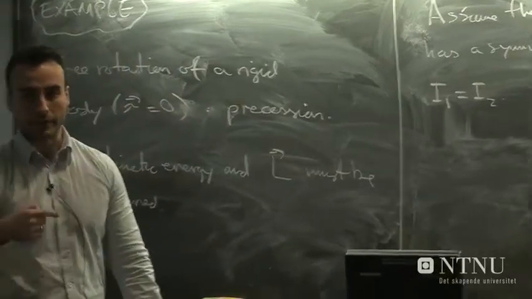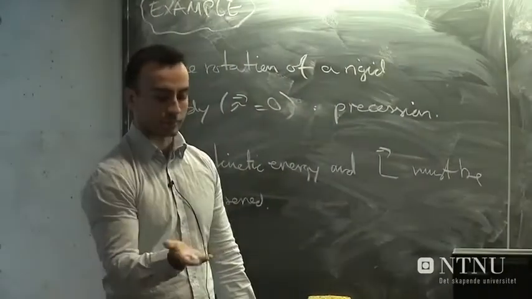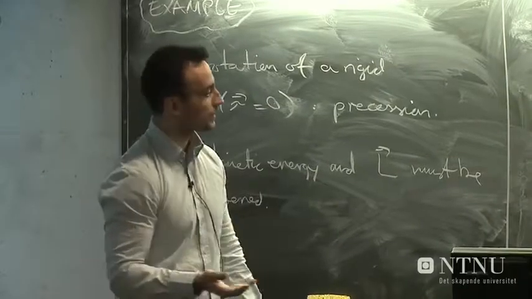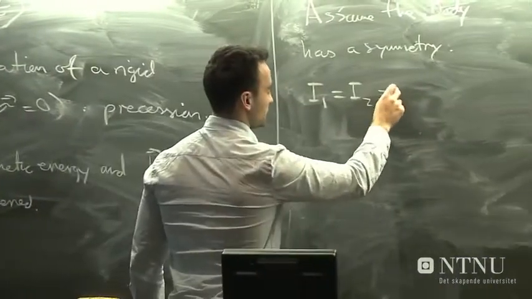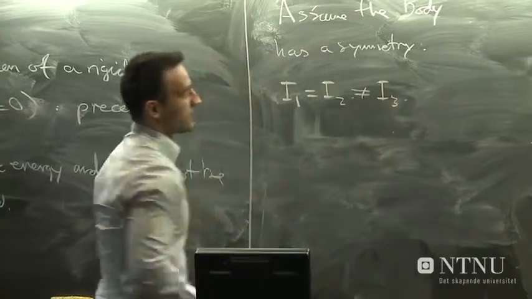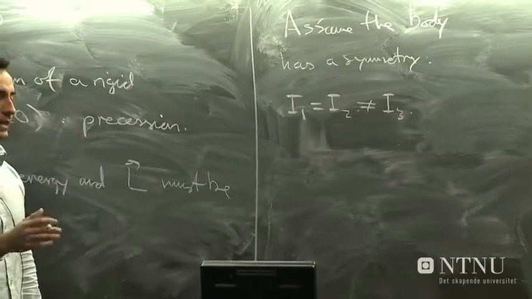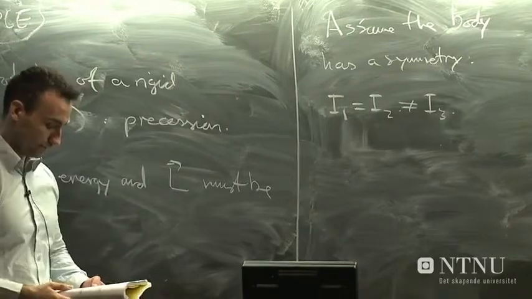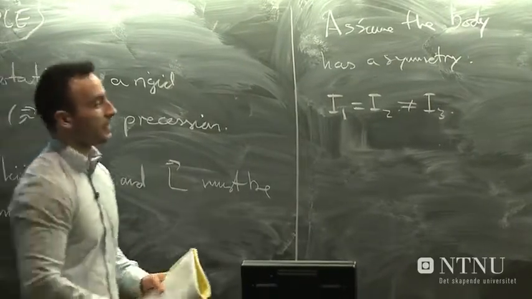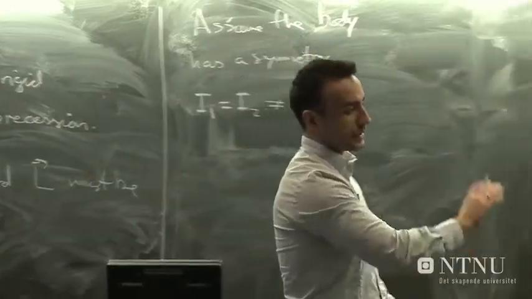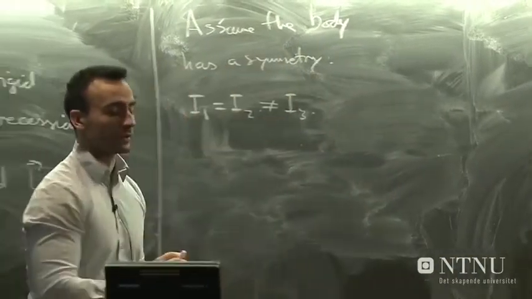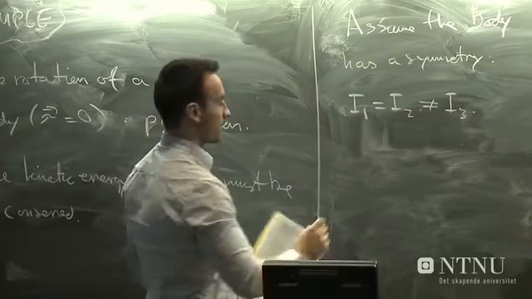So you have this symmetry in the plane, meaning that the two main moments of inertia in that plane have to be equal. But in general, there is then a third main moment of inertia which can be unequal to these. If you now insert this into our equations of motion, things look a little bit better.